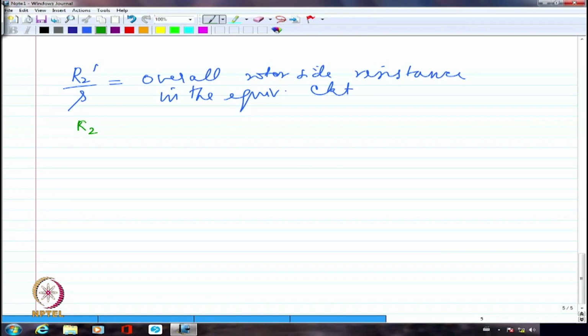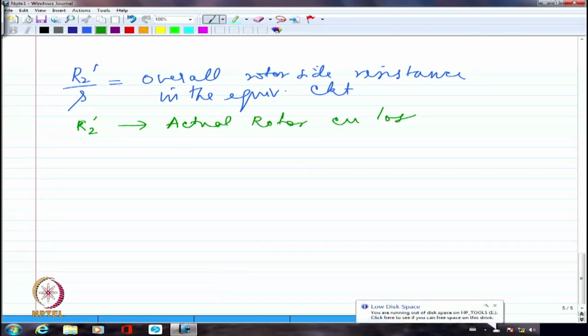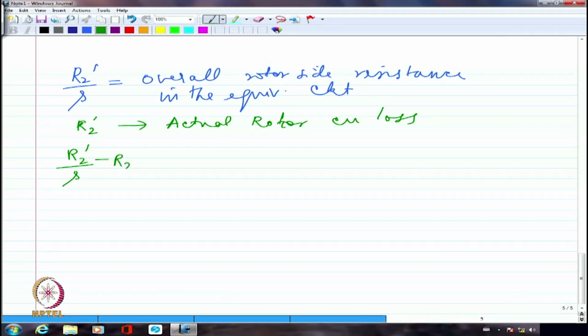One is R2 dash itself, which is corresponding to the actual rotor copper loss component. So I can say R2 dash by S minus R2 dash is the one which is going to represent the mechanical power output. Of course, I have to multiply everything by I2 square. I have just eliminated I2 square because everywhere that is a common factor.